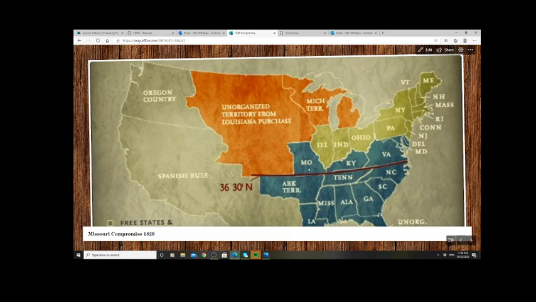So in that little extract, this was the final time where a slave state could exist above this line. Kentucky and Virginia and Delaware and Maryland were all older states, and therefore they could be above this line. But any new states would have to be below this line.